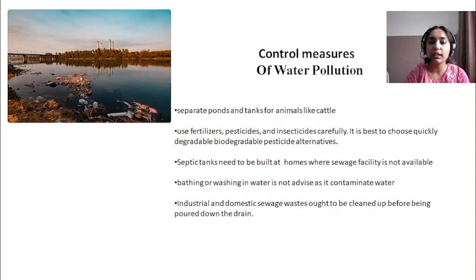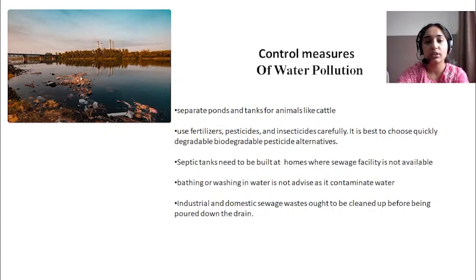It should not be released directly into the water body as it causes numerous negative impacts to aquatic life and may cause death to aquatic life. So chemicals released from industries and domestic sewage should be cleaned up before being poured into the water bodies.